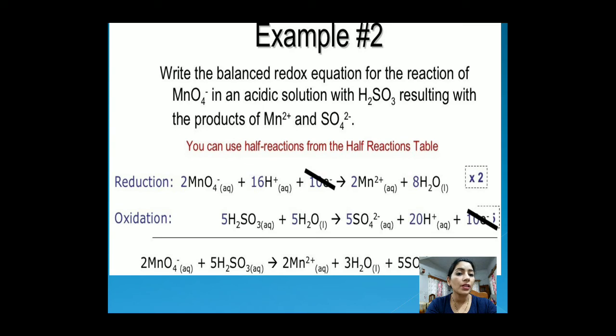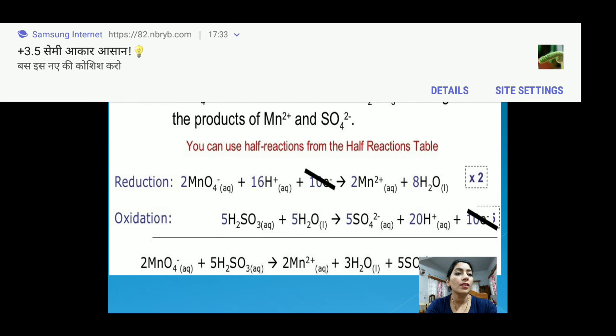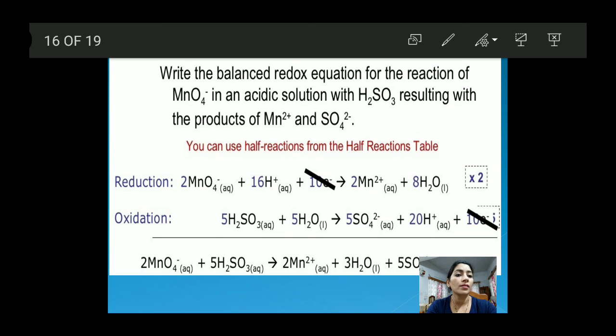Reaction लिखने के बाद then we find which is oxidizing and which is reducing. Then we balance the half reactions. Because this reaction happens in the presence of acid, we can write H2SO3 plus 5H2O giving SO4 ion plus hydronium ion. So this is the total reaction.